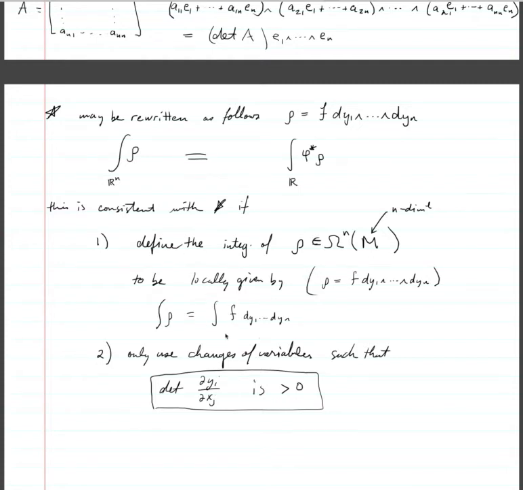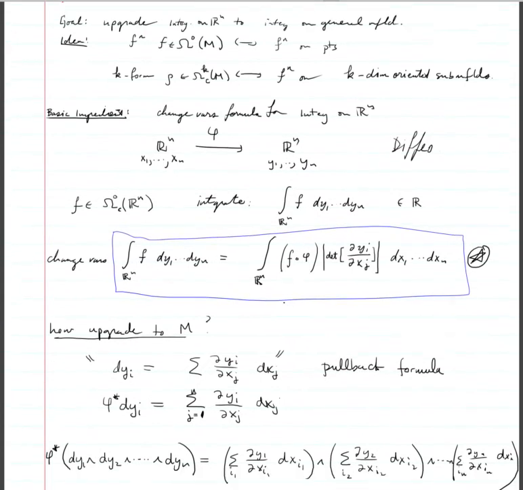Okay, and this number, the result, will be independent of which coordinate I chose, as long as I only allow myself to change coordinates in such a way that the Jacobian determinant is positive.